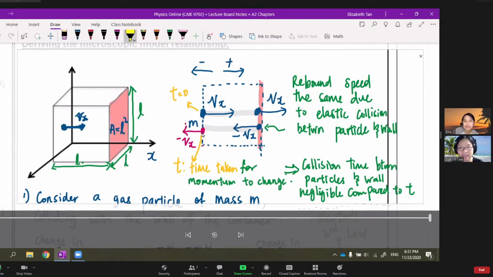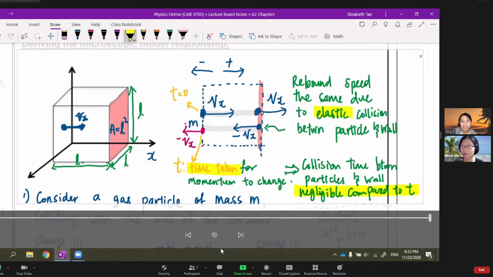But ideal gas particles are very hard spheres. They do not deform, so the collision time is just not there. The only meaningful time we can take is the time taken to go from positive Vx at the wall to negative Vx at the same wall. I know it's a bit of a jump, but that's the basic idea. So again, two ideas.